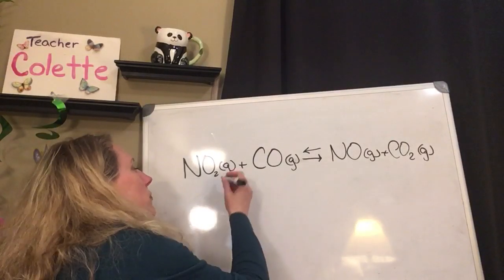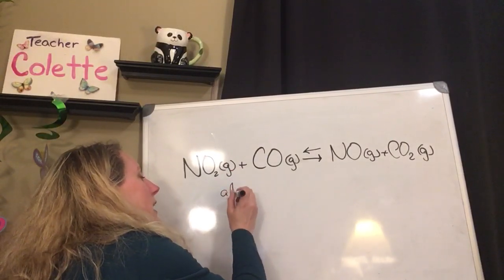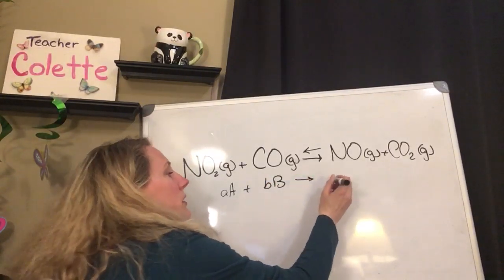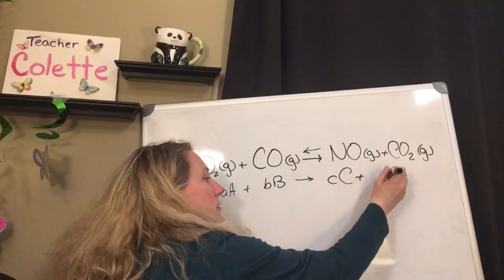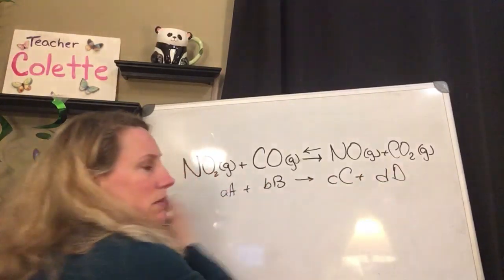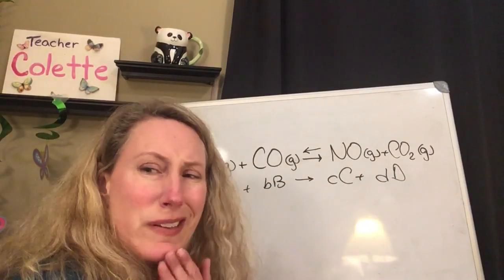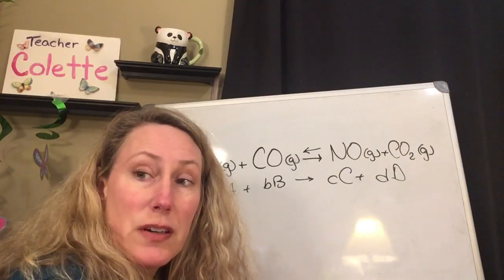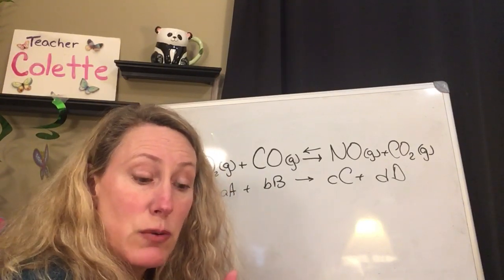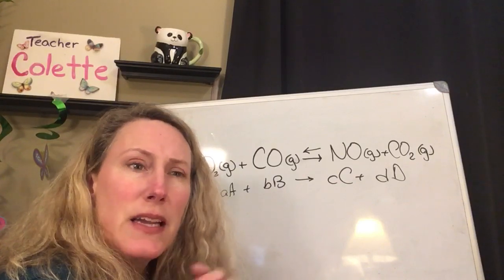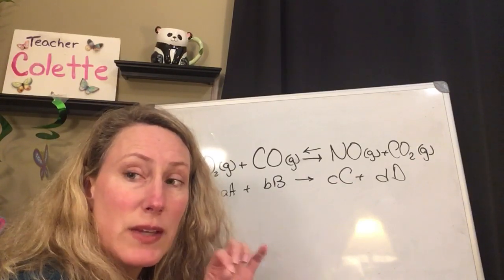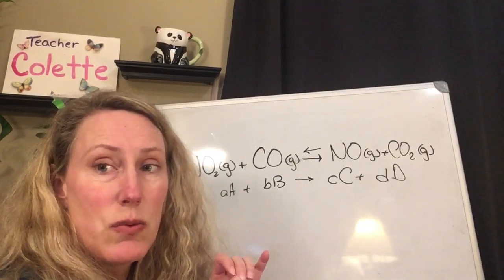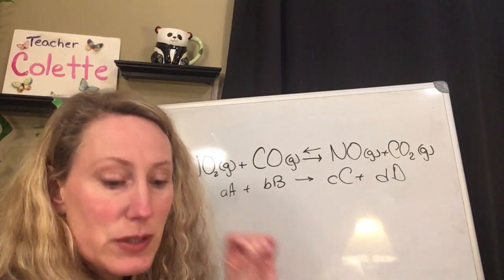We've done before any reaction A plus B turns into C plus D. We did the rate reactions last chapter. This time we're going to figure out K, the equilibrium constant. When they start giving you numbers, you only have to pay attention to the ones that say at equilibrium.